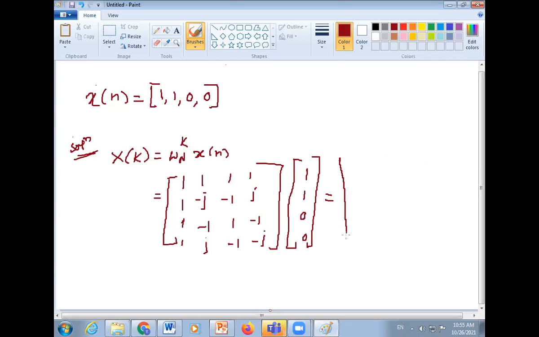You just check whether you have got this answer or not. The answer is 2, 1 minus j, 0, 1 plus j. How many people got this answer? Yes, sir. Yes, sir. 2, 3. What about others? Only 3 members are solving. What about others?